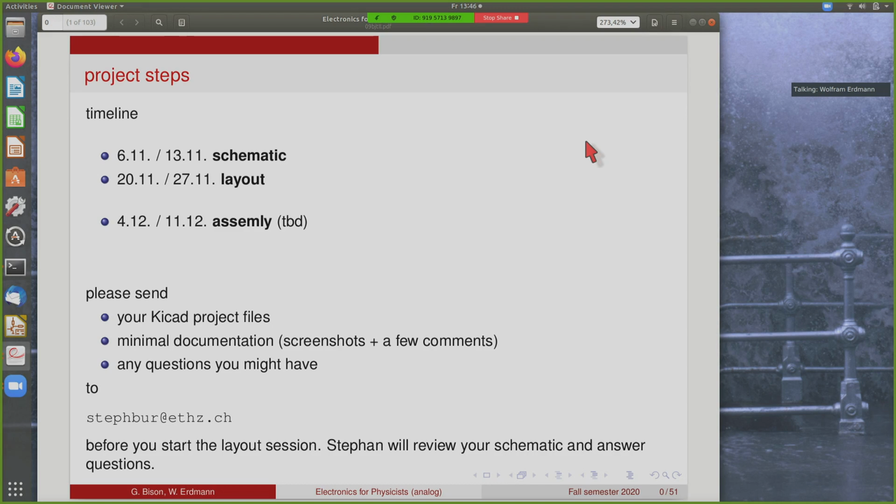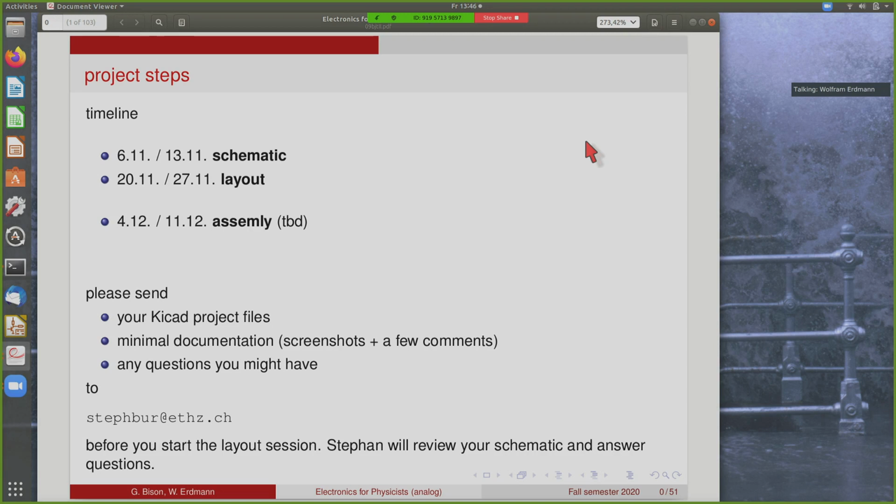Before we start with the lecture, a few words about the project, which is part of what used to be the simulation sessions. Some of you already started drawing the schematics for the magnetic field sensor last week. The others will start this week.